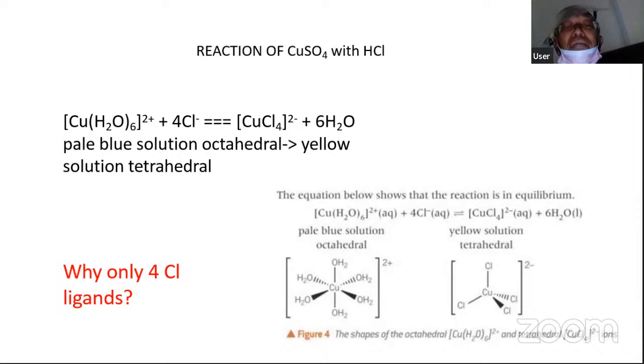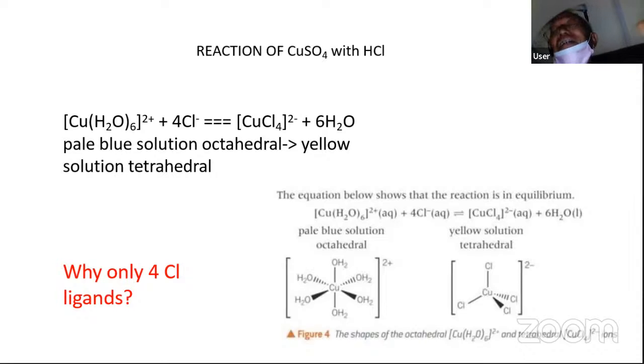In this case, 4 chlorides replace 6 water molecules. So when you have 4 chlorides, the geometry changes. This is an example of a substitution reaction where the geometry of your reactants, the starting material, and the final products are different. So your first copper complex is octahedral, and it gives you a yellow product, which is tetrahedral.